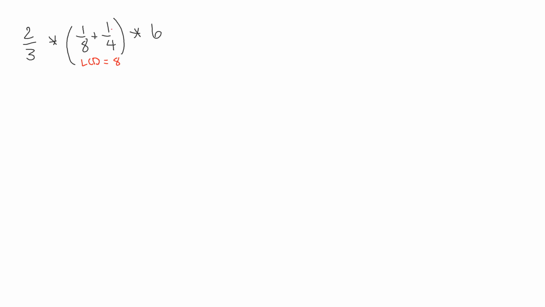So I would multiply top and bottom by 2. And now I'm going to rewrite the entire problem. So inside parentheses, I have 1/8 plus now 2/8, times 6. So I still need to take care of what's inside parentheses, but now I've got common denominators, so I can do that addition. So I get 2/3 times 3/8 times 6.